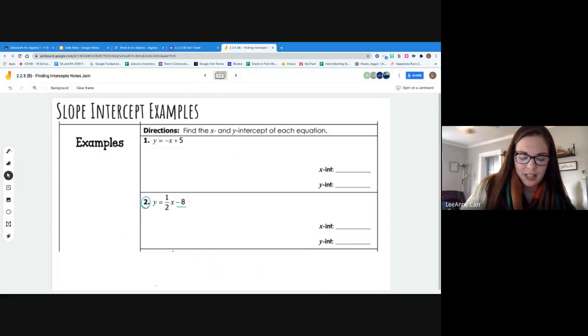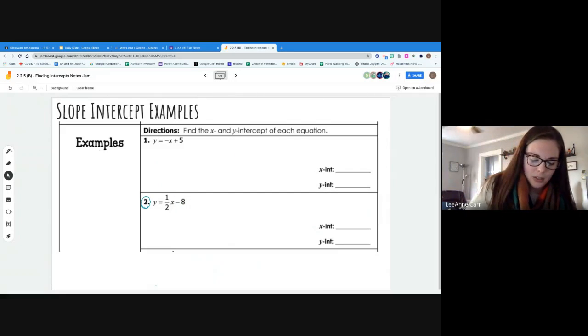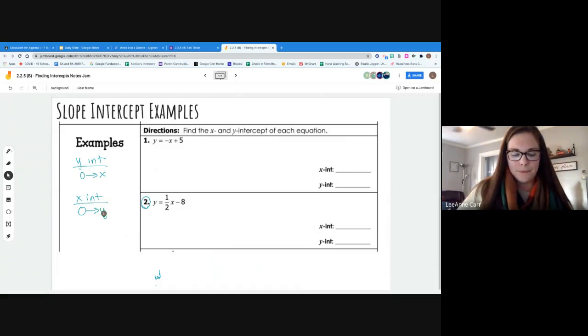However, we're going to check that using our method from today. So remember, I'm just going to write it in the margin so we remember our rules. If we're solving for the y-intercept, we're going to plug in a 0 for x. And if we're solving for an x-intercept, we're going to plug in a 0 for the y.